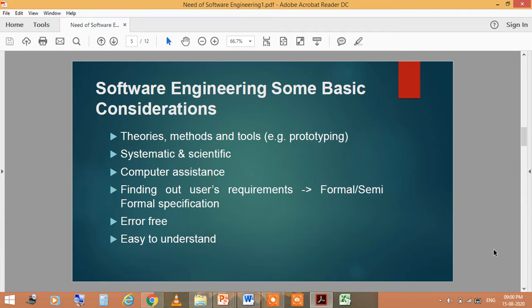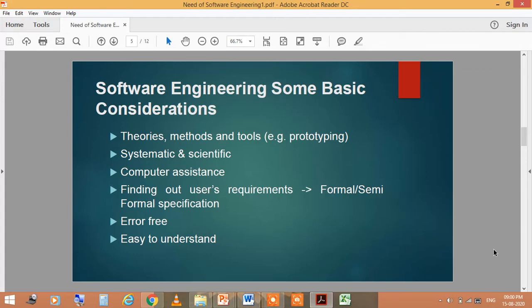The second is systematic and scientific. If you're talking about engineering, that means there are some sequence of steps, some procedures you have to follow. If we go through the systematic or scientific approach, then we will definitely get the output which we really wanted.